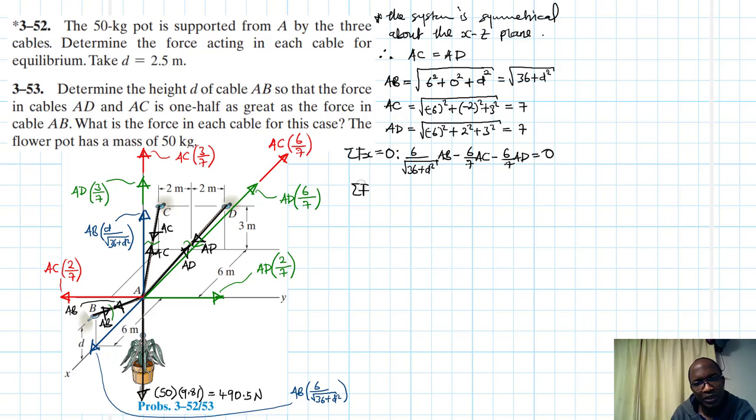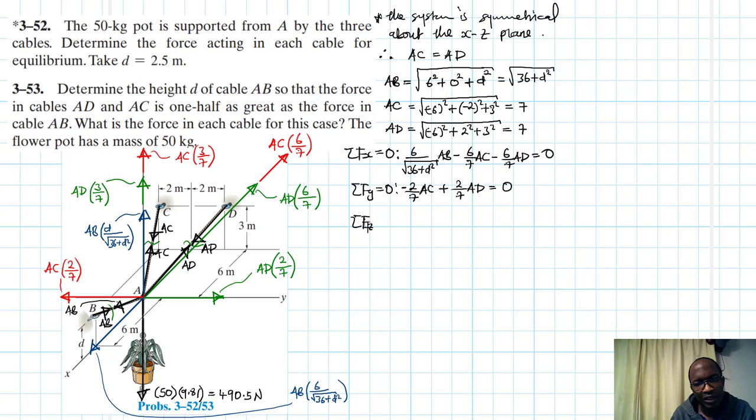Then we have summation of forces in the y equal to 0. What do we have along the y? We have 2 divided by 7 AC plus 2 divided by 7 AD equal to 0.